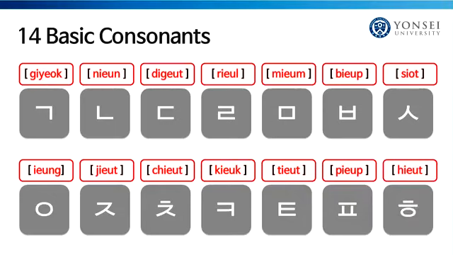I know it's very hard to remember the names of the consonants, but you don't have to remember all of them at the very beginning. Just take time to practice.